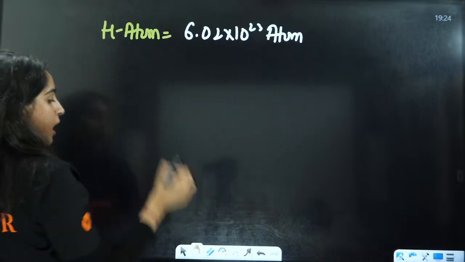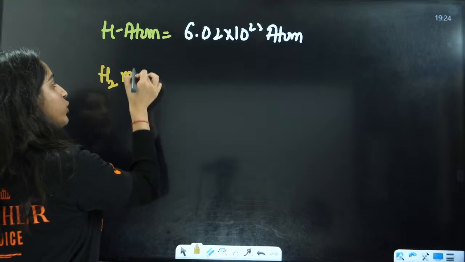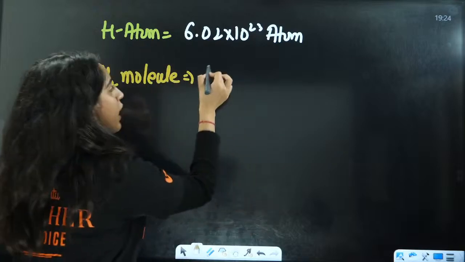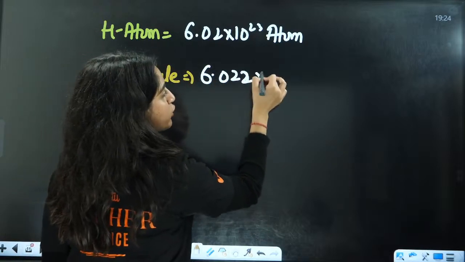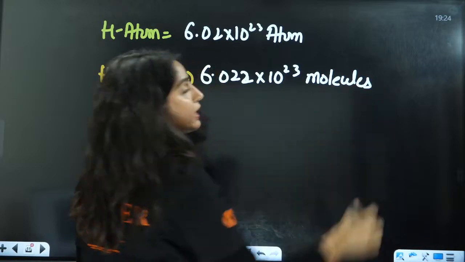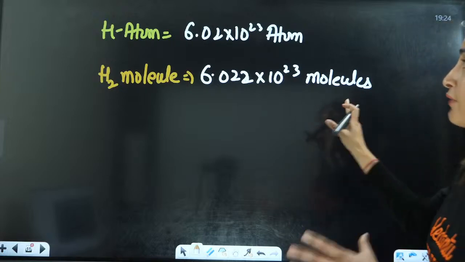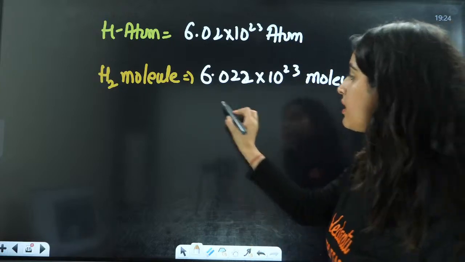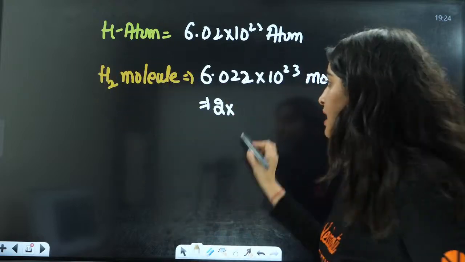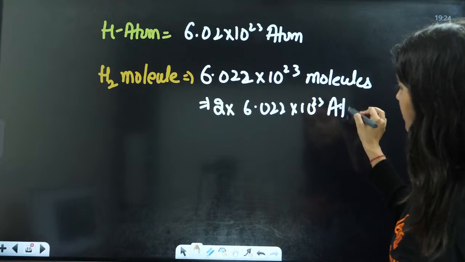If I'm talking about an H2 molecule, it is going to have 6.022 into 10 raised to power 23 molecules, not atoms. And if you calculate the atoms here, that will be 2 into 6.022 into 10 raised to power 23 atoms, because in one molecule you have 2 atoms.